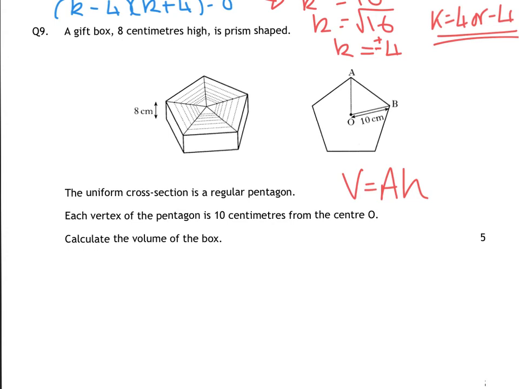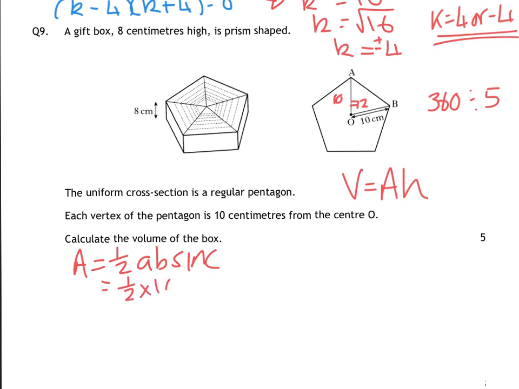Now the area of a pentagon is made with 5 identical triangles. So that side is also 10, and the angle in the middle is 360 divided by 5, which is 72. So the area of a triangle is half AB sine C. So we are doing a half times 10 times 10 times sine 72.